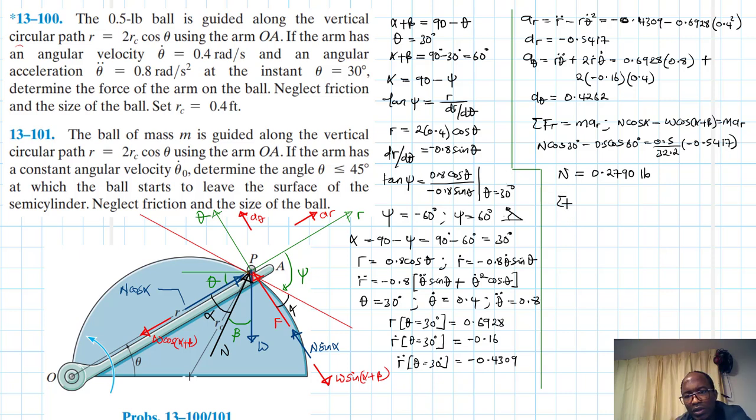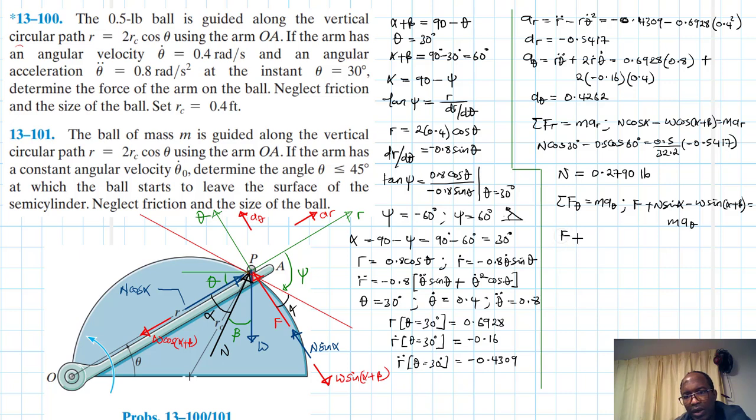Then the summation of forces in the theta direction is equal to m a theta. In that direction we have F plus N sin alpha minus W sin alpha plus beta equal to m a theta.